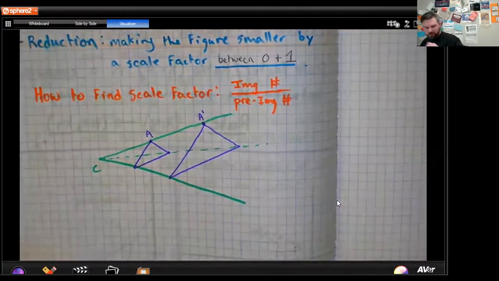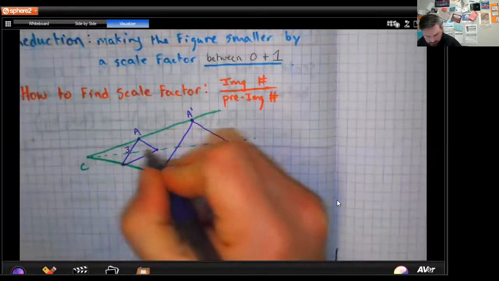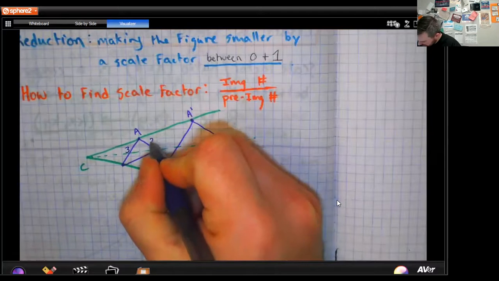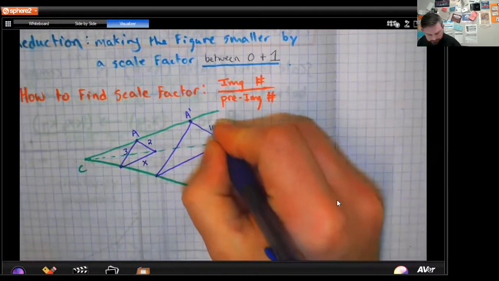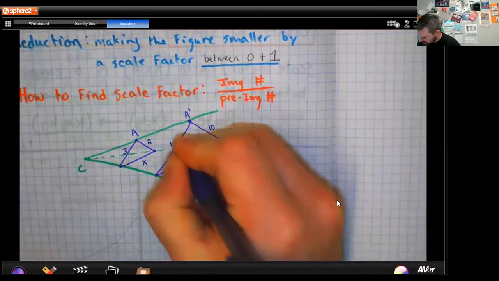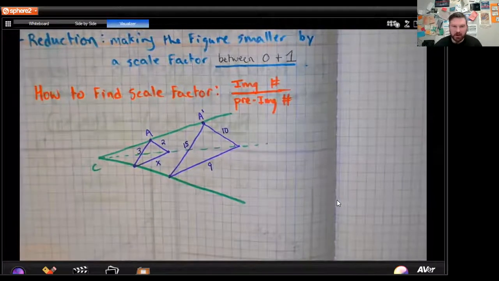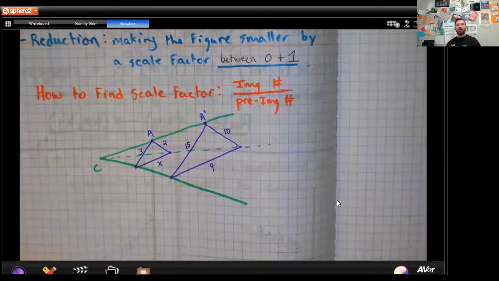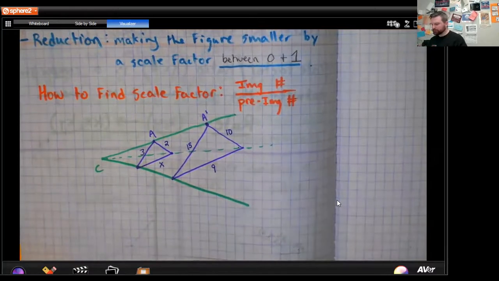But on this shape, you're also given the length of sides. So this side is 3, 2x, and this side over here is 10, 15, and 9. Before we had ordered pairs, now we don't, we just have the length of how long the side is.